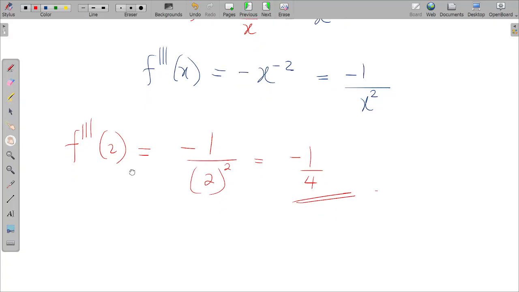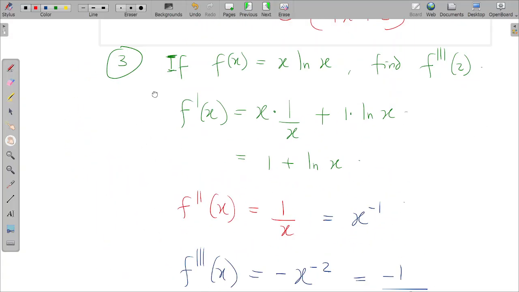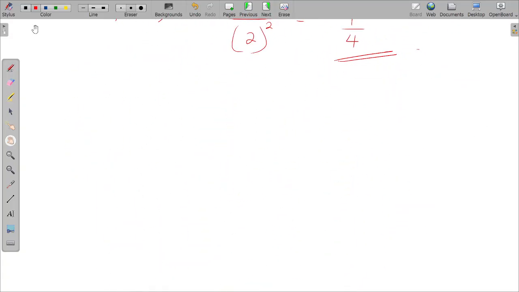Okay, another example. This is example what? Example 3. Let's go for example 4.